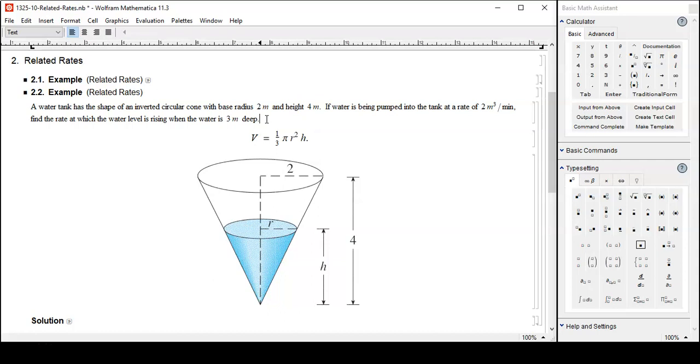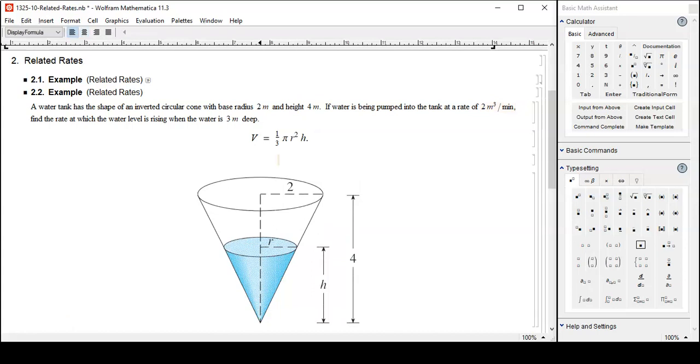Let's answer those 3 questions before conducting the implicit differentiation. There's a reason I'm doing it in that order. Okay, what is equal to 2 cubic meters per minute? At the rate of, so it's not just volume.